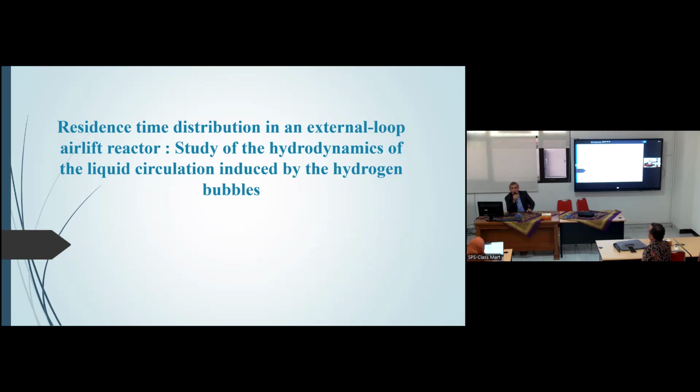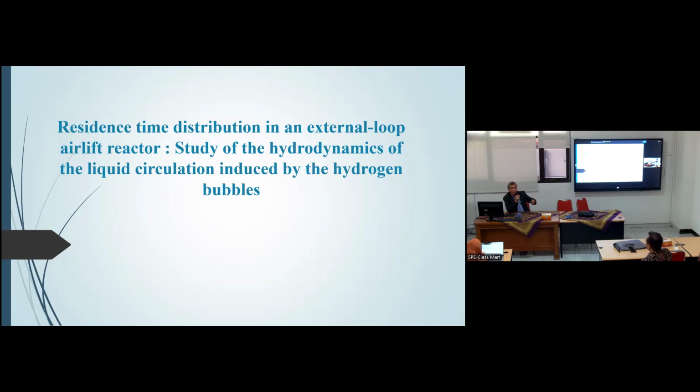Maybe, do you have an idea about residence time in a reactor, the concept of RTD? No? Because I used a batch reactor, and now I have to use a continuous reactor.